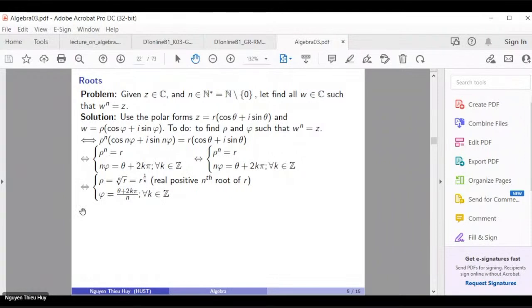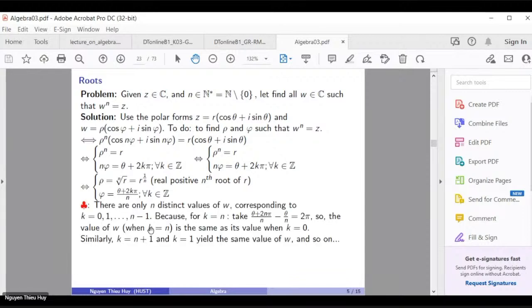So we are worrying, but actually there are only n distinct values of w. This corresponds to k equal 0, 1, and so on, until n minus 1. Let me explain to you why we have only n distinct values of w.